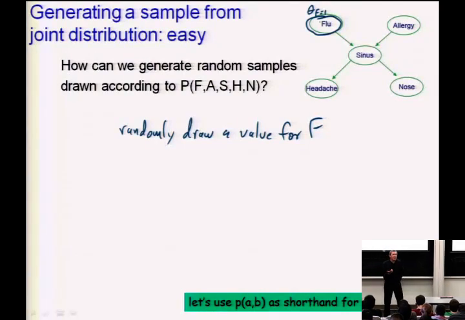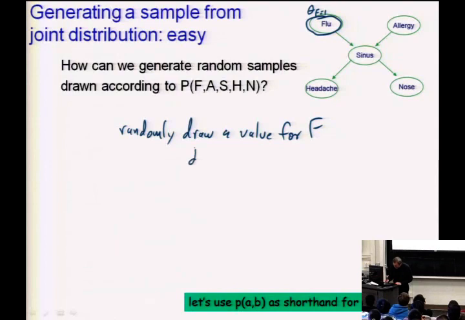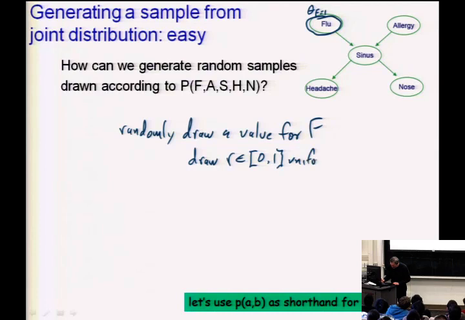So a standard way of doing that is many computer languages have a subroutine you can call that gives you a random uniform distribution between 0 and 1. So we call that subroutine. We draw a random number from 0 to 1. Let's call that R, which is in 0 to 1 uniformly.